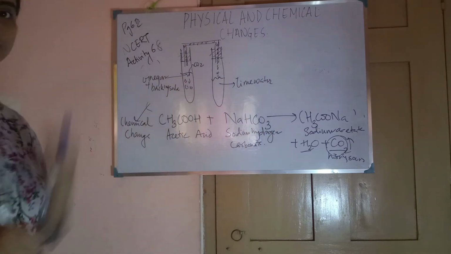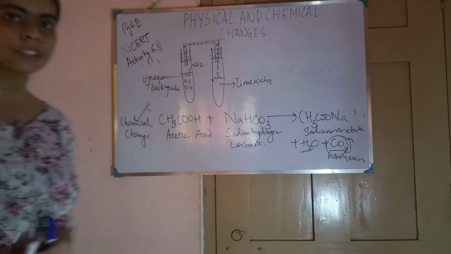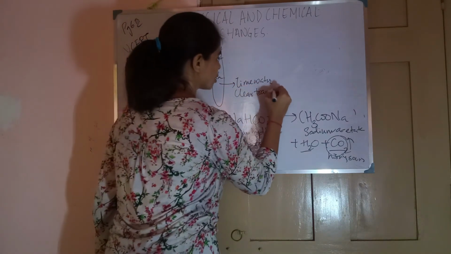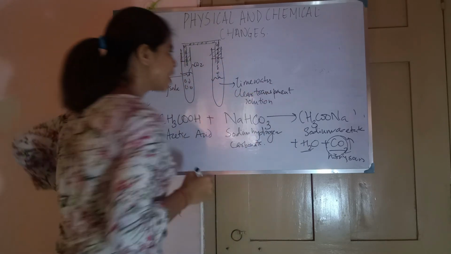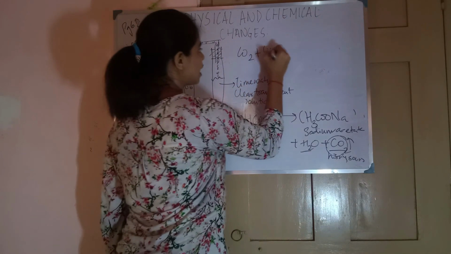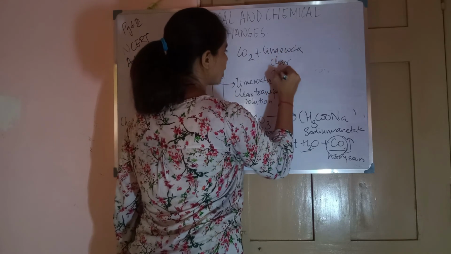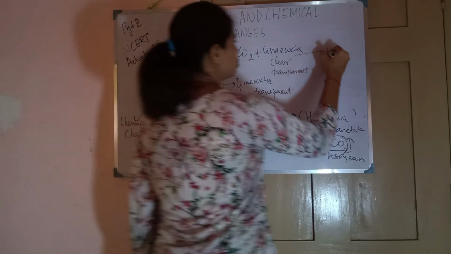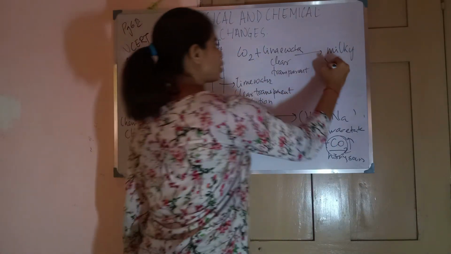So when the carbon dioxide reaches the lime water test tube, you will see this lime water is a clear, transparent solution. But once the carbon dioxide has reached here, the lime water, which was clear and transparent, turns milky after the carbon dioxide reaches it.